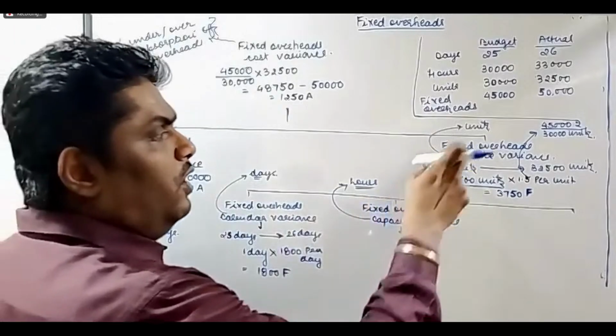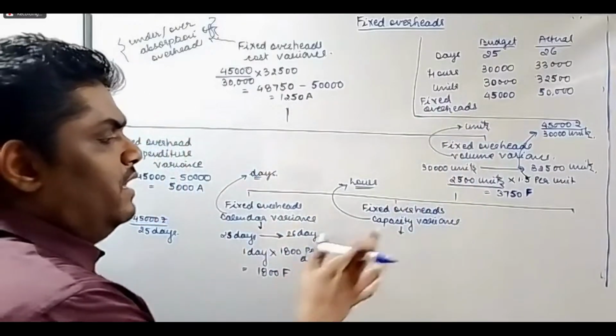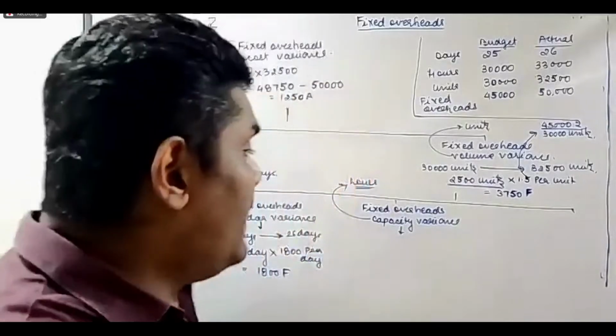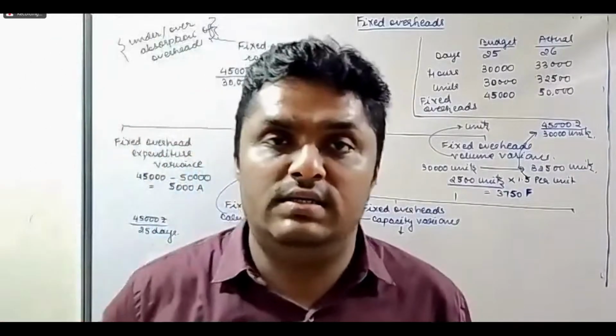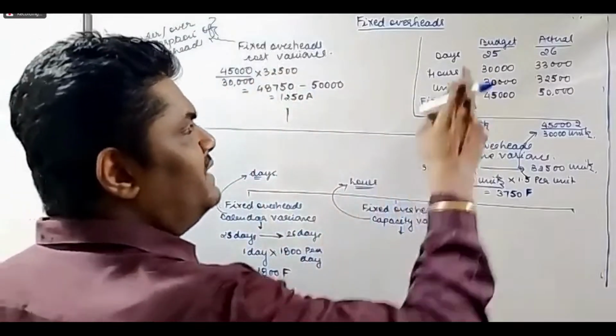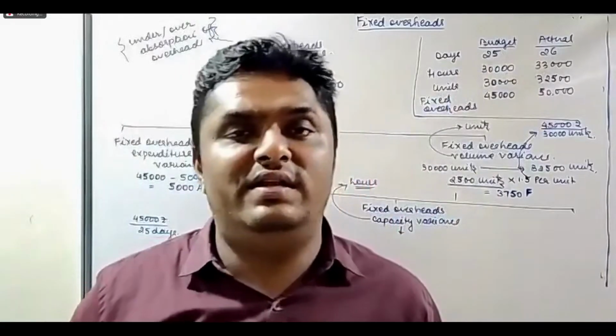When talking about volume, it talks about units. When talking about calendar, it talks about days. When talking about capacity variance, it talks about hours. So herein, straight away, we cannot say that we have the capacity to work for 30,000 hours, but we worked for 33,000 hours.